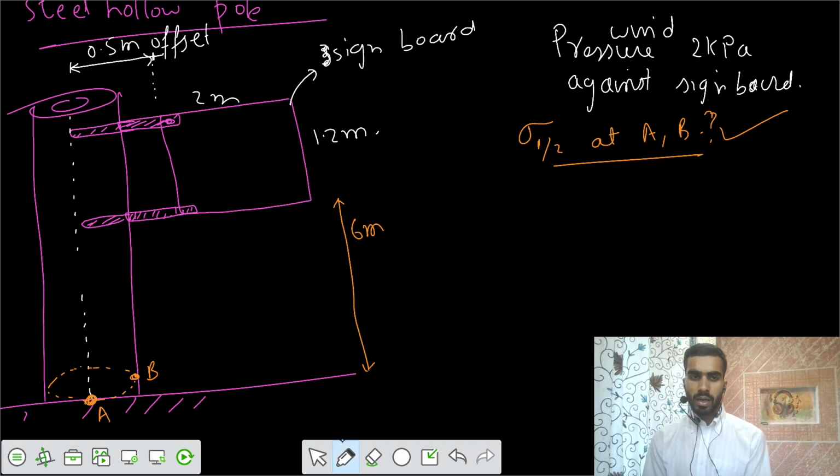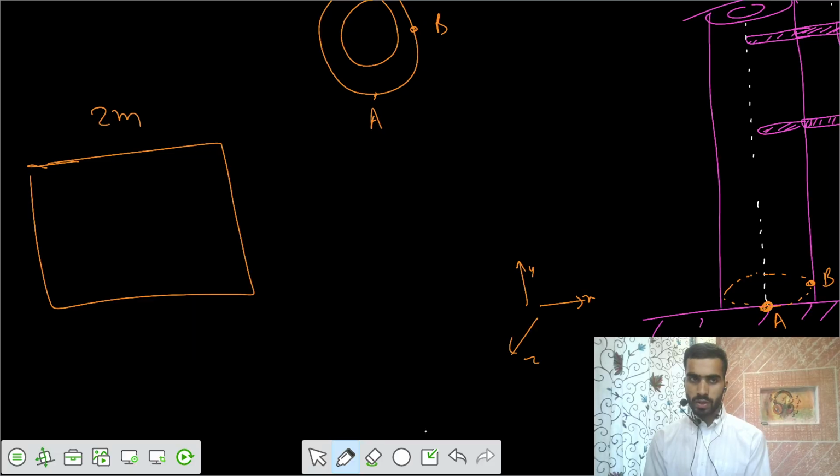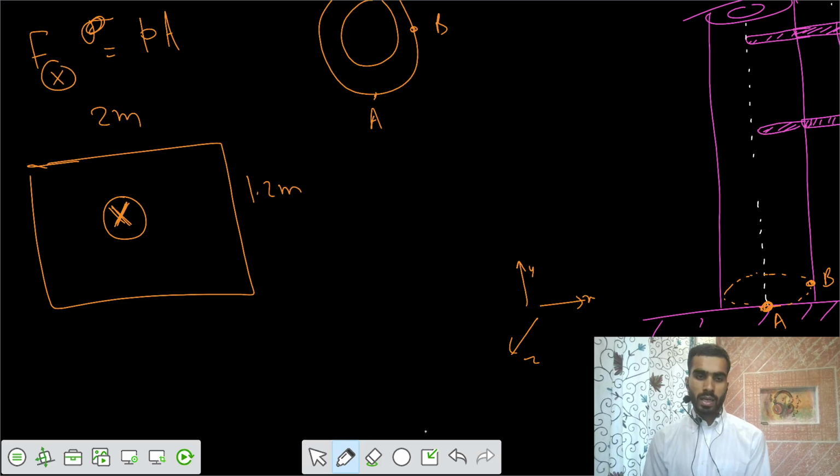So a net force would get developed that acts at the centroid of that signboard. The area of the signboard is 2 meter by 1.2 meter, so the resultant of pressure into area gives me some force F, acting as a cross on the centroid of the signboard. With a pressure of 2 kilopascal, multiplying 2 into 1.2 into 2, the net value of force equals 4.8 kilonewton, acting at the centroid.